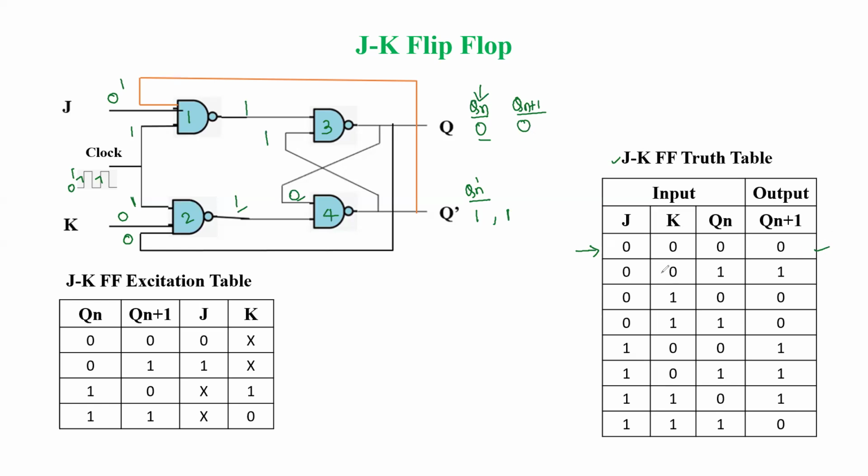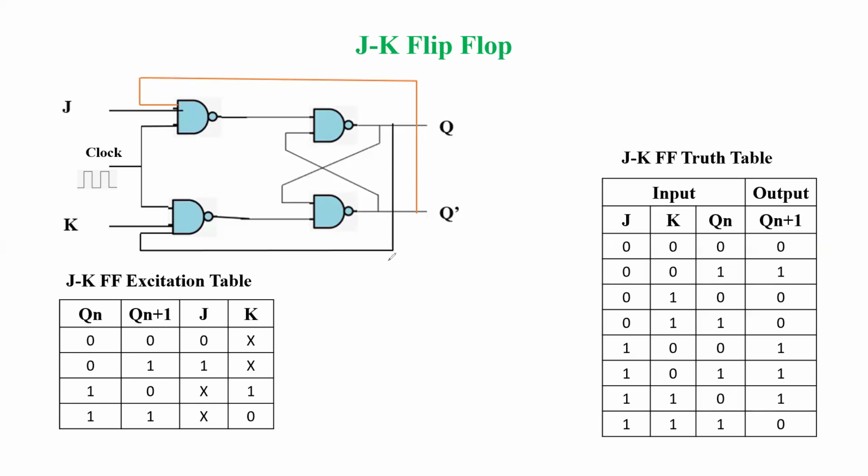The same thing will occur if we verify the second line also. When we take Qn as 1, again we have a similar condition, that Qn plus 1 is also going to be 1 only. Like this, each and every row of the truth table can be verified, so that we have this truth table. What is the basic logic behind this truth table?